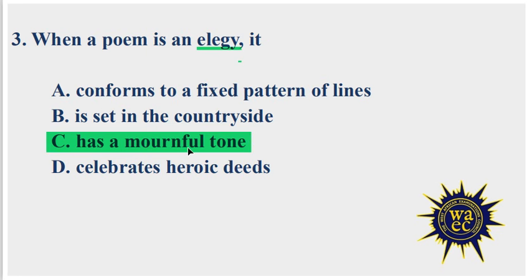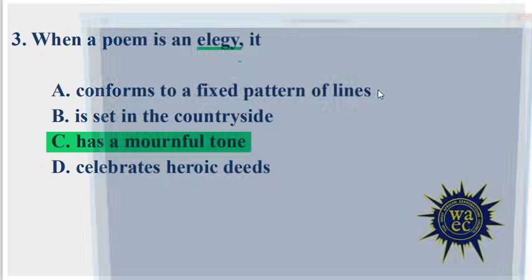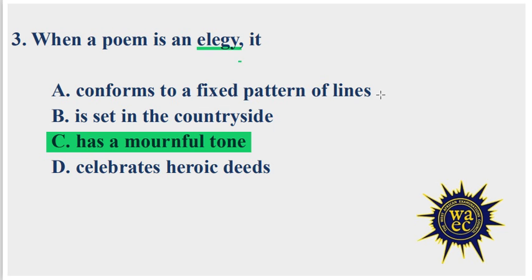But then let's see the remaining options. Beginning from option A, conforms to a fixed pattern of lines. Well, many types of poems conform to a fixed pattern of lines and numbers of lines.